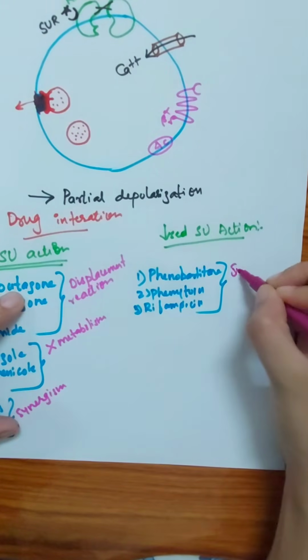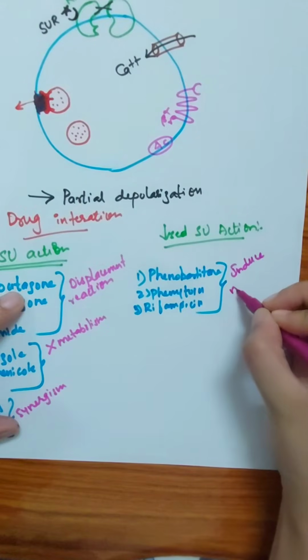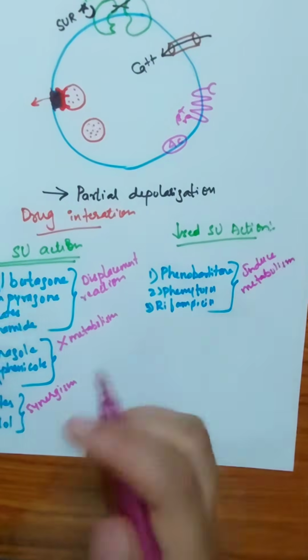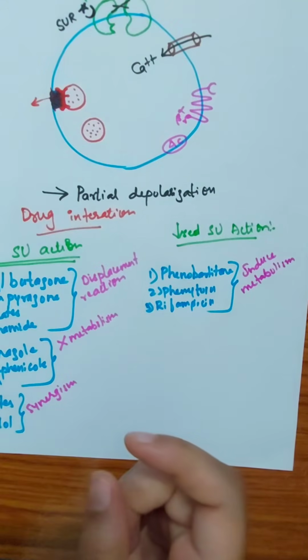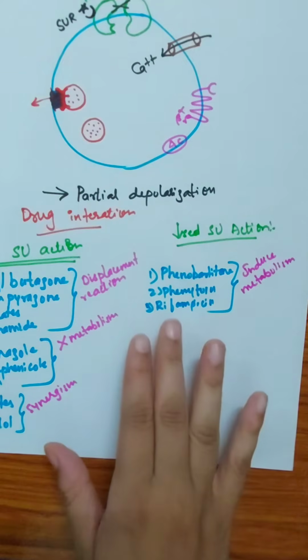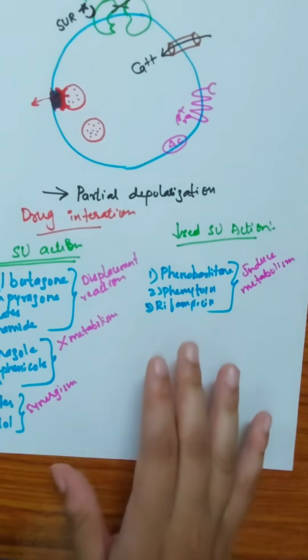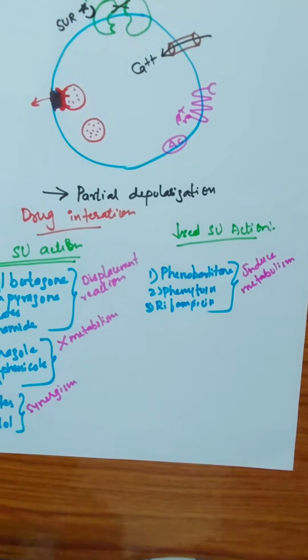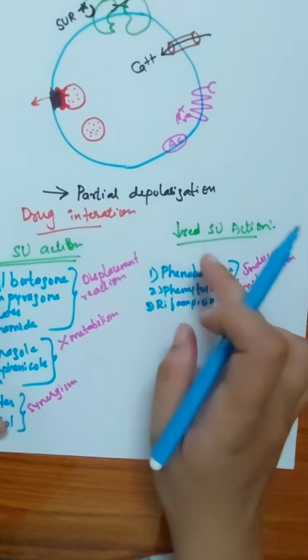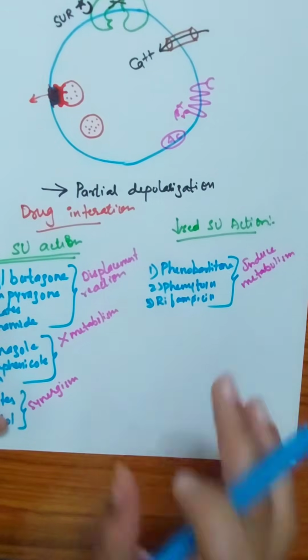So they will induce the metabolism, so that the active form of the drug is present for very little time, and it may not treat the hyperglycemia as such. So the glucose level of the blood will remain high. So when sulfonylurea is consumed along with these drugs, there will be reduced sulfonylurea action.